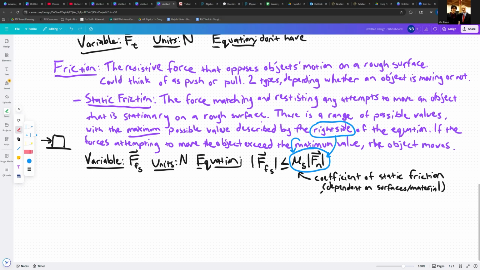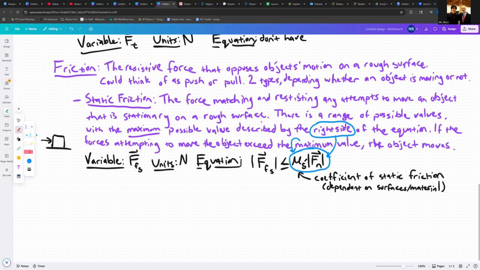Because if you think about something like a freight train, there's a lot of mass on a big old train. And the normal force, which if the train is just resting on the tracks, the normal force is just equal to gravity, but that's a lot of gravity. We're talking tens of thousands of newtons of gravity. So if this normal force is huge, there's some coefficient of friction between the train and the tracks, the iron material or whatever.